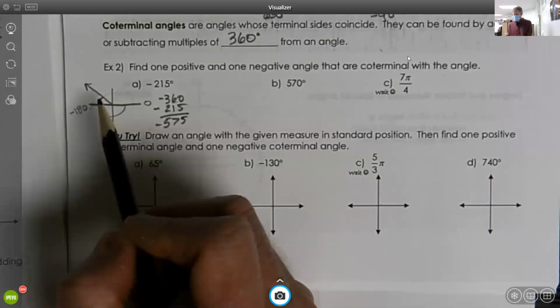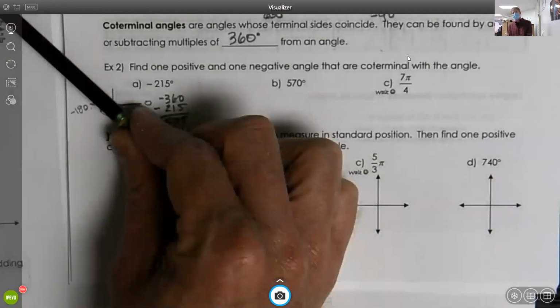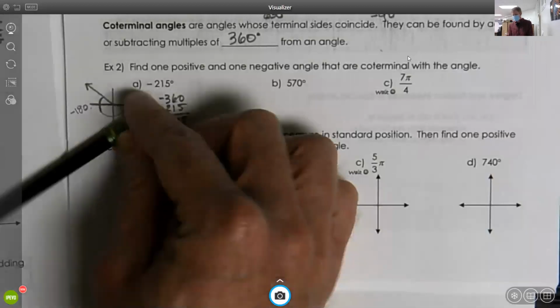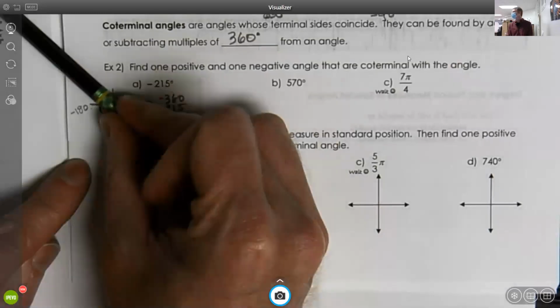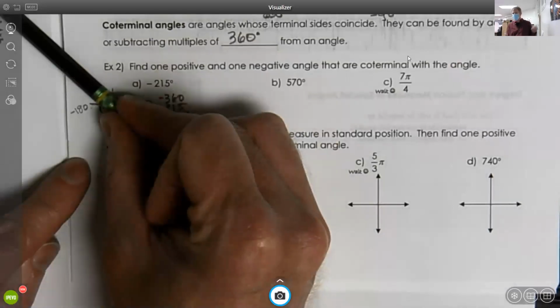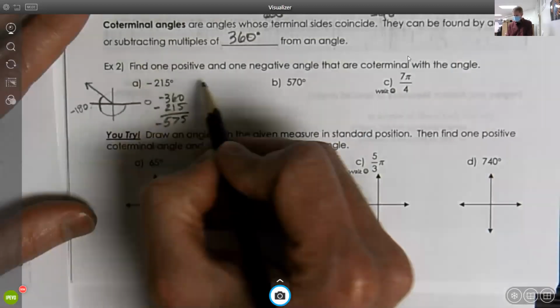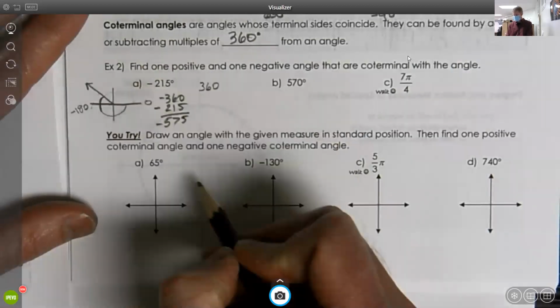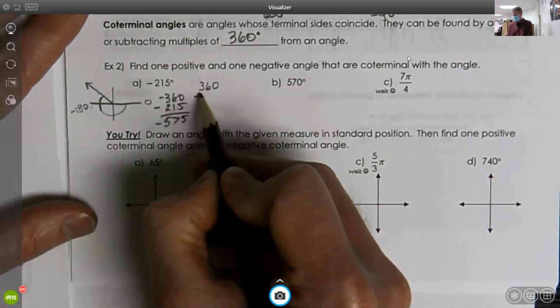But probably more common is to think about ourselves pointing in that direction and then start to go in a positive 360 all the way right back to where it was. Kind of unwind your spring. So if you have 360, we typically like to put our larger number on top.